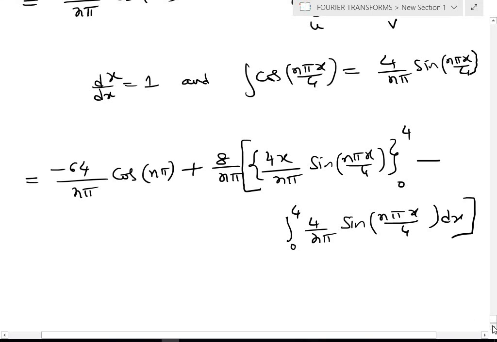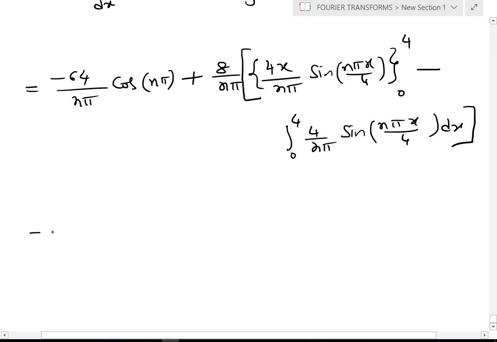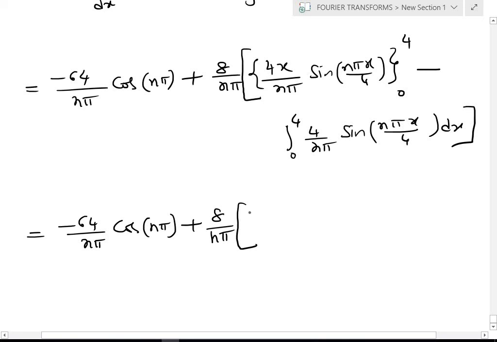So the first term remains as it is, that will be equal to minus 64 divided by n pi cos of n pi. Now we substitute the upper limit here. When I substitute the upper limit, sin n pi will be there. So that is plus 8 by n pi, so I have 4 into 4, 16 divided by n pi, and that is sin of n pi. The upper limit.